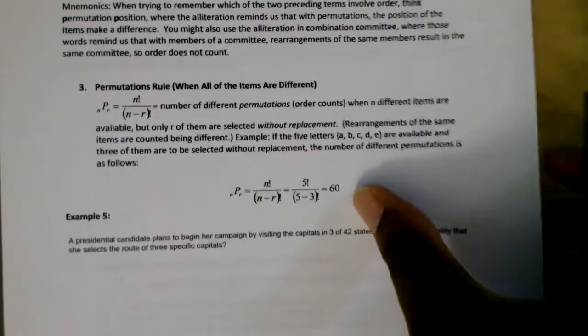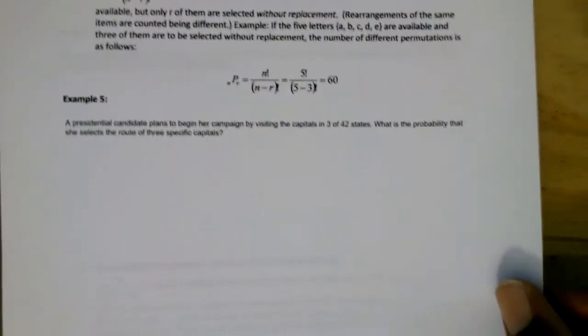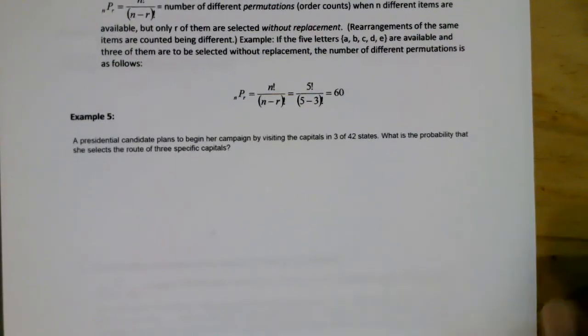All right. Now let's take a look at example 5 here. A presidential candidate plans to begin her campaign by visiting the capitals in 3 of 42 states. What is the probability that she selects the route of 3 specific capitals?